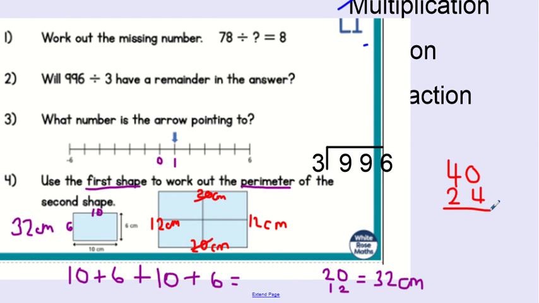If I add those two amounts together, I get 64 centimetres. Now you mustn't forget those centimetres, year 6. Okay, you have to have your unit of measurement to be able to get your tick. Okay, now I suspect that some of you were tempted to multiply by 4. Okay, but don't forget perimeter is the outside length.